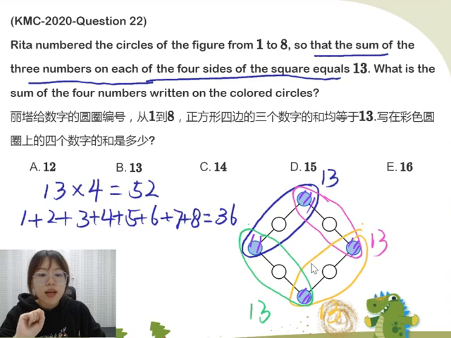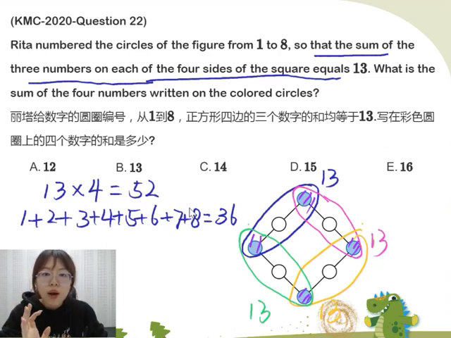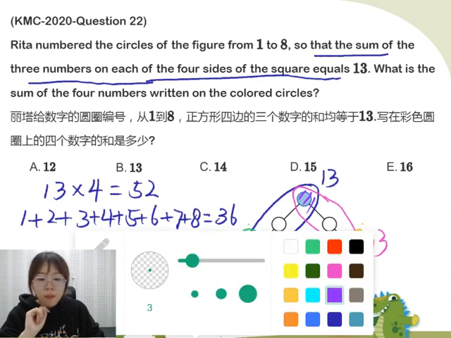This one is in the green side and also the blue side, this one is in the pink and blue, this one pink and yellow, this one green and yellow. So every corner we calculated twice, which means one more time. That's the difference, and that's why we have a larger number.